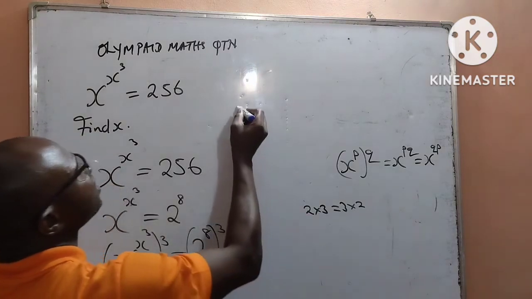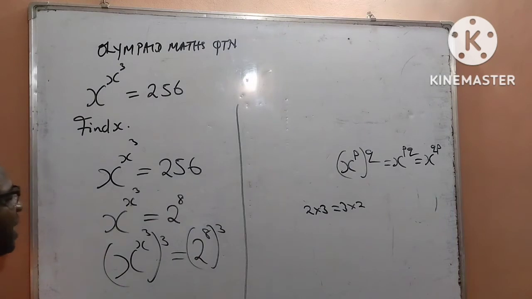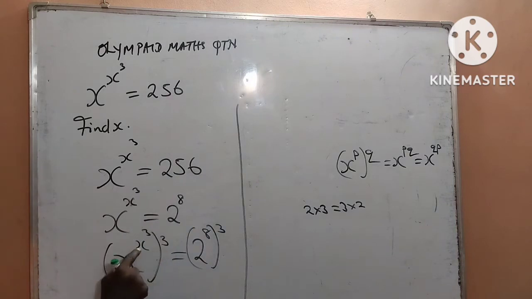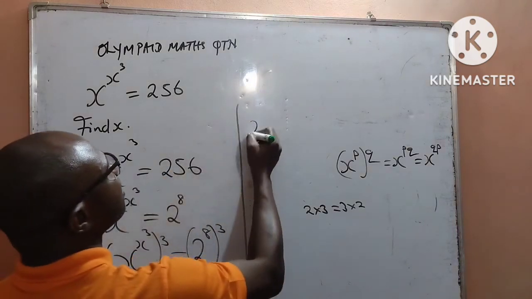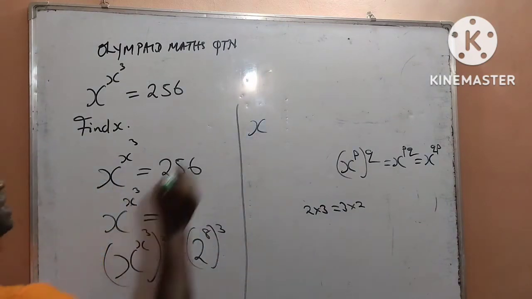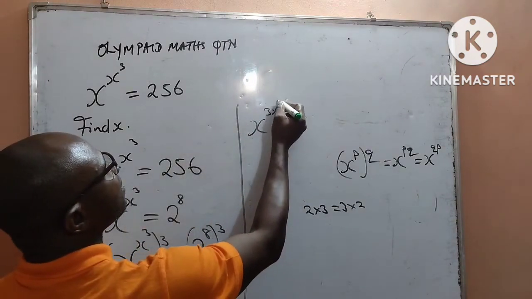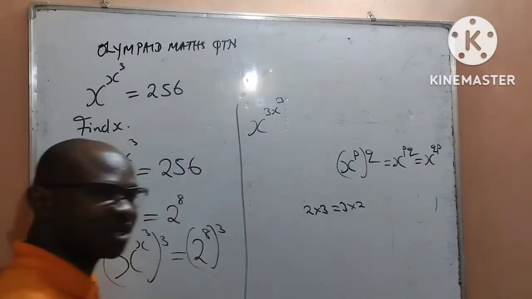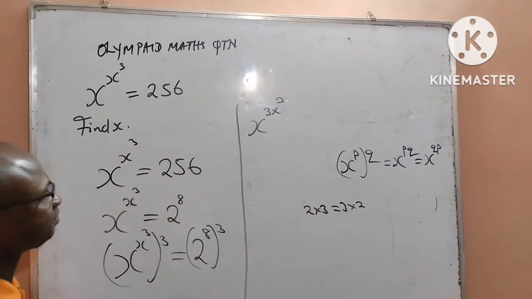And this means that from this question, what I will now have next is, I want to switch it. It is going to be 3 multiply x to the power of 3, which is now x to the power 3x to the power 3. That is, I have multiplied the powers, since the law says it is possible.